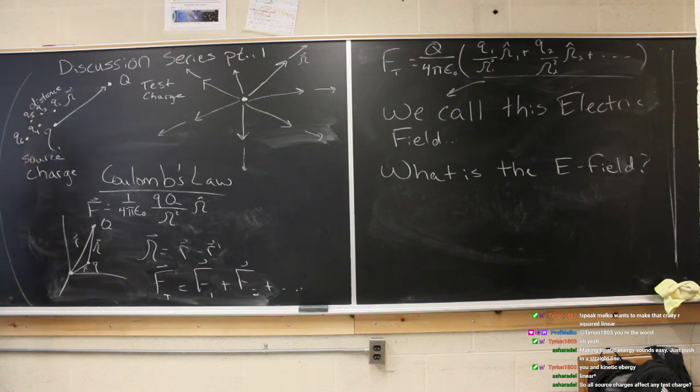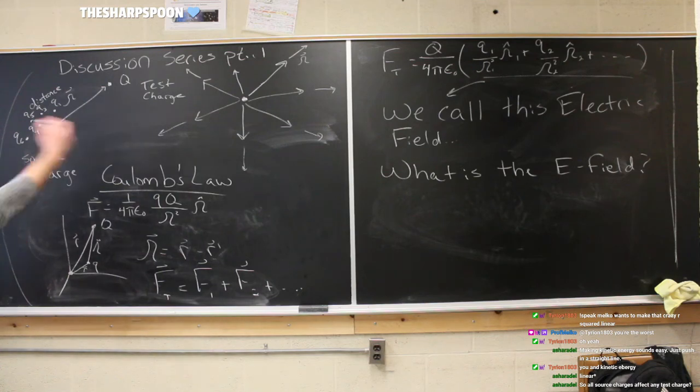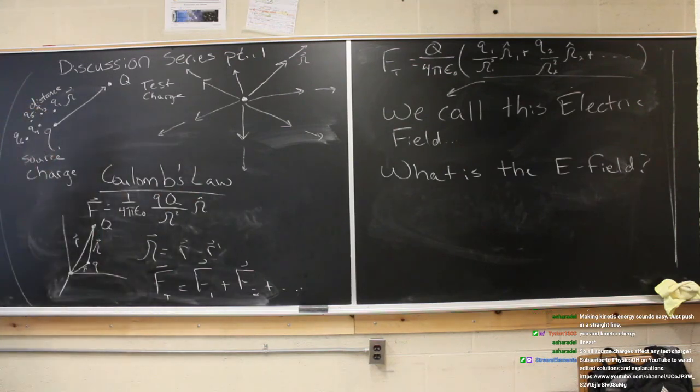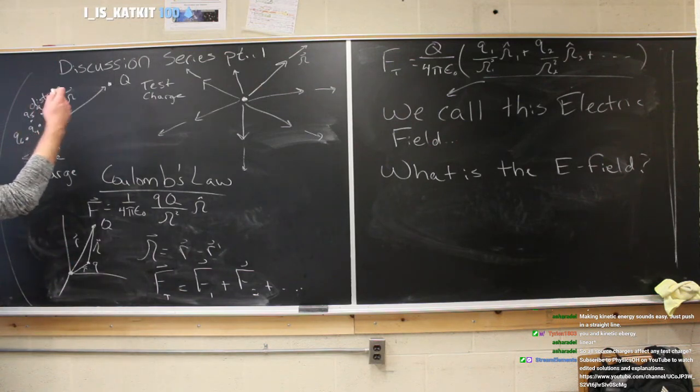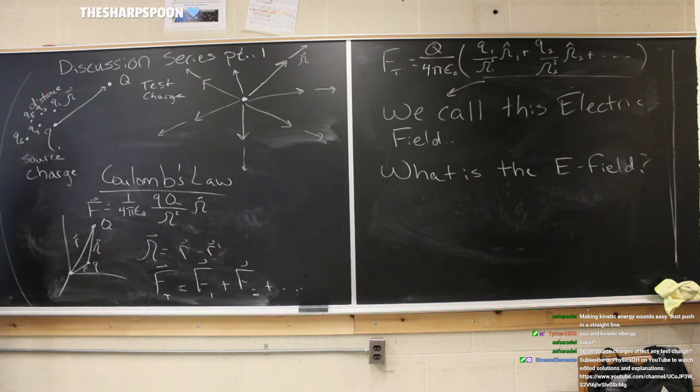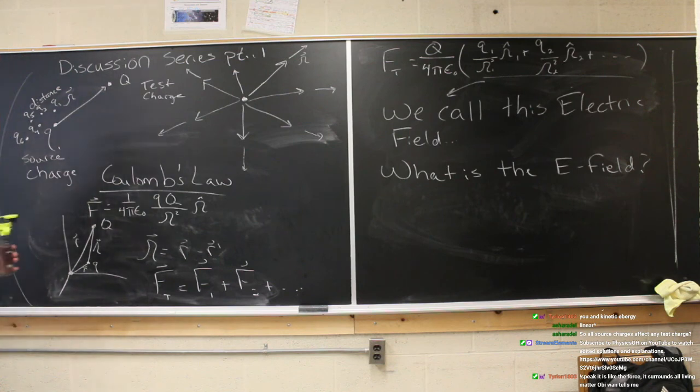The idea is that it's fine to ask the question, what is the force on the test charge from Q1? You can calculate that perfectly fine by using this. But then if you say, I would like to know what the force on Q is from all of the charges, can you do that too? Sure. How about from the odd ones?